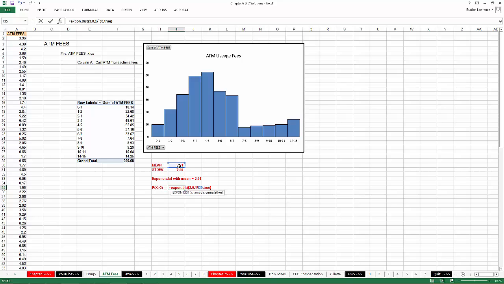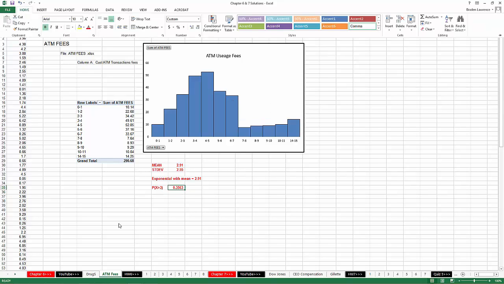And remember, in order to get that upper tail greater than 3, we need to do a 1 minus. So we see about a 35 to 36% chance or probability that a randomly chosen bank's ATM fee would be greater than $3.